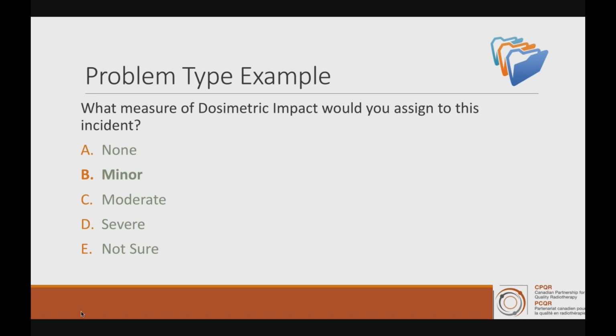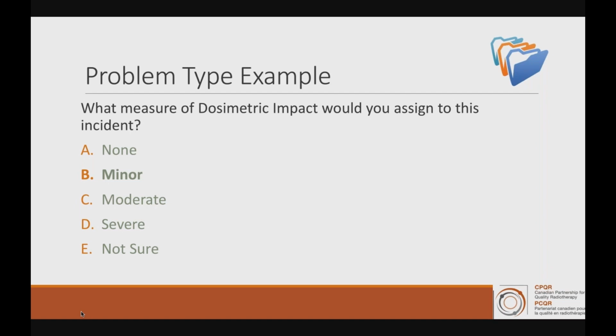It's very hard to say what the dose is. It could actually be severe. We don't know what the distribution looks like. We don't know what the dose to that inferior portion should have been. It would really need to be evaluated by physics to understand what the dosimetric impact is.